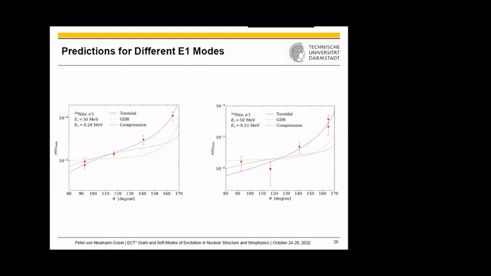The transverse part is much smaller in this case. And we did the same game using the strongest transition from the compression mode, which is shown in green here. And again, you cannot describe the data with either the compression mode angular distributions or the giant dipole resonance angular distributions. So we conclude that this is indeed an experimental signature for toroidal excitations.